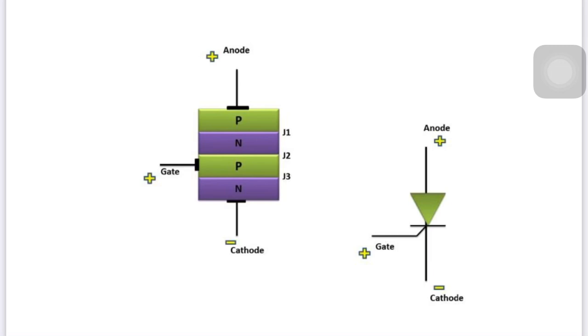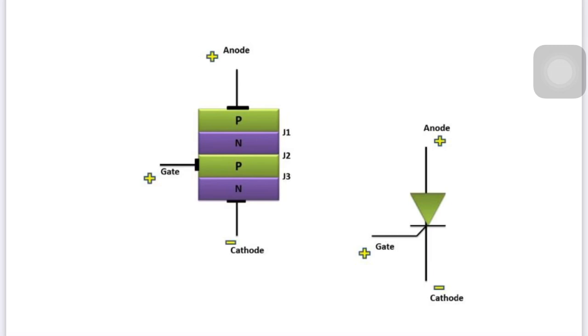If the battery connection is reversed, suppose we consider the cathode as positive and the anode as negative, by simply replacing the battery terminals, then junctions J1 and J3 are in reverse bias because they are NP.